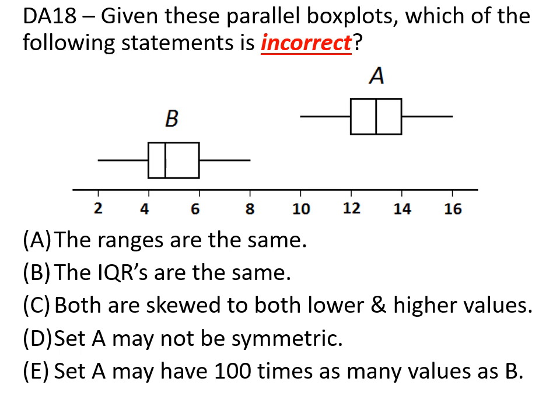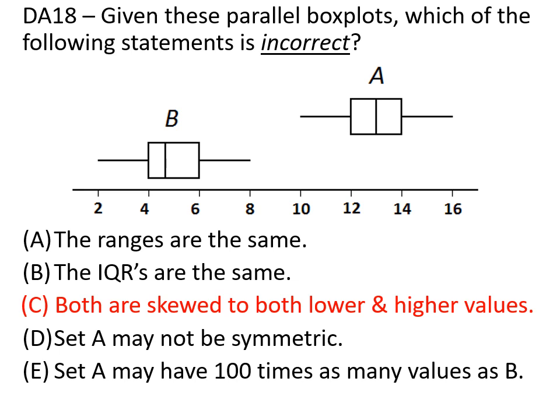All right, DA18: given these parallel box plots, which of the following statements is incorrect? All the other statements are true. The ranges are the same. The IQRs are the same. Remember, the IQR is the width of the boxes in the box plot. C is wrong because it doesn't make any sense.